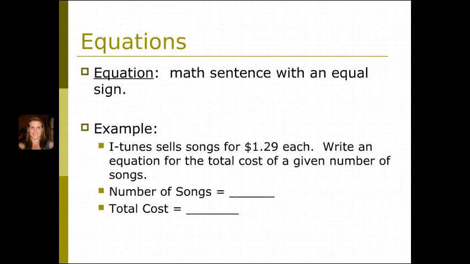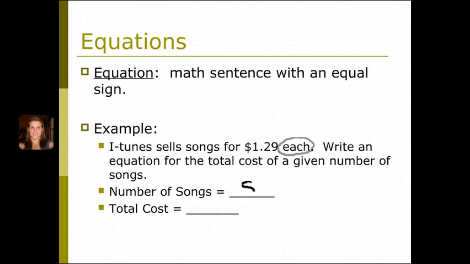For example, iTunes sells songs for $1.29 each. Write an equation for the total cost of a given number of songs. Well, as discussed before on our chart, each means multiply. Well, we don't know the number of songs that we're buying, and we do not know the total cost.